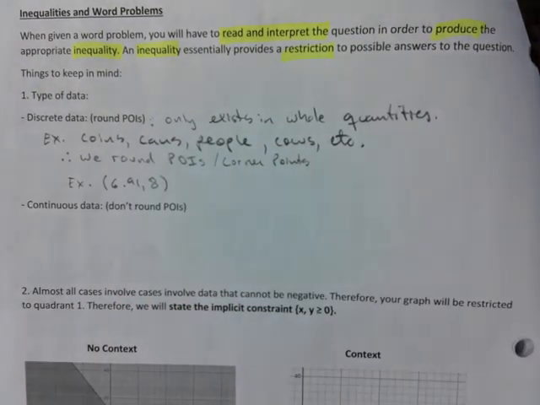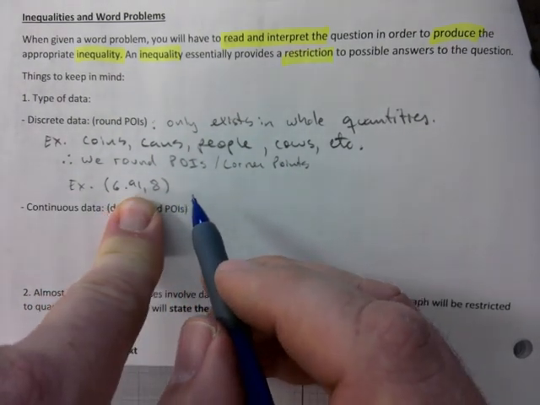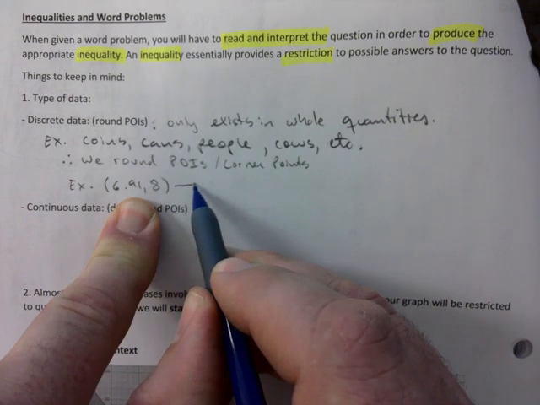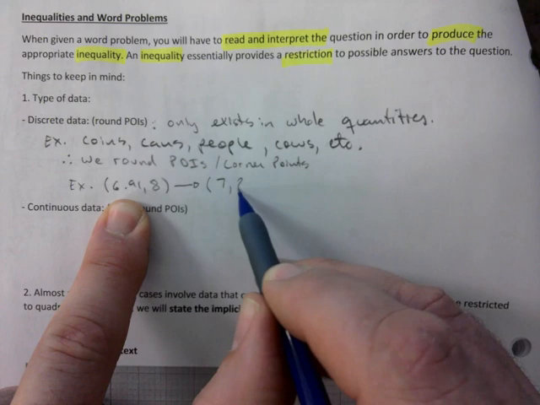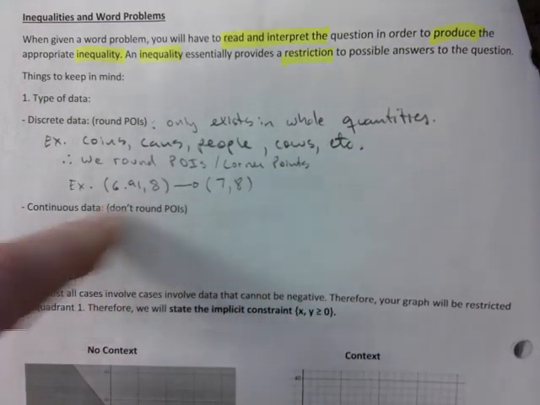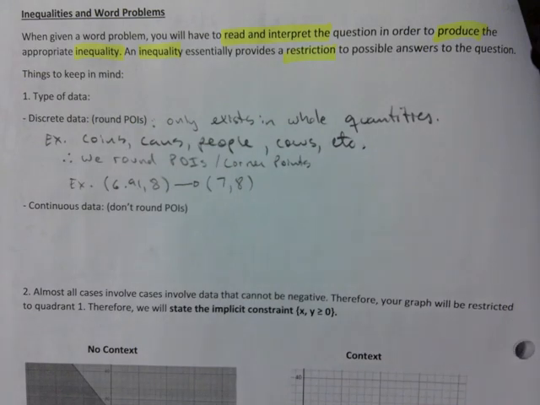For whatever reason. They could both be decimals. In this case, only the x variable is. I want you to still write it down like this. But then I want you to go arrow and say, hey, this actually rounds to a 7 and 8 because we're talking discrete data, right? So you need to have whole numbers. You can't have 0.91 of a person or can or what have you, right? So just do that. That's the extra step you need to do there.